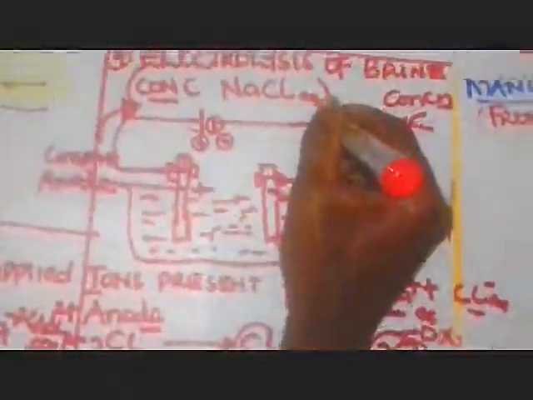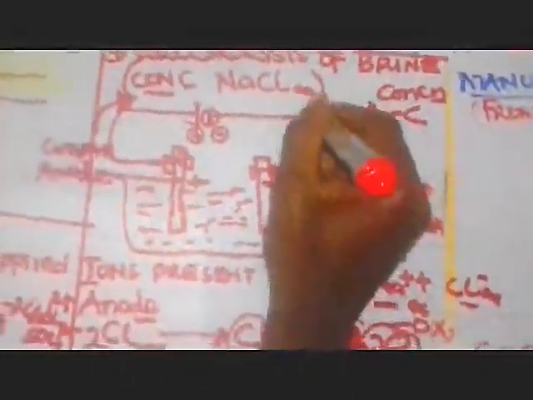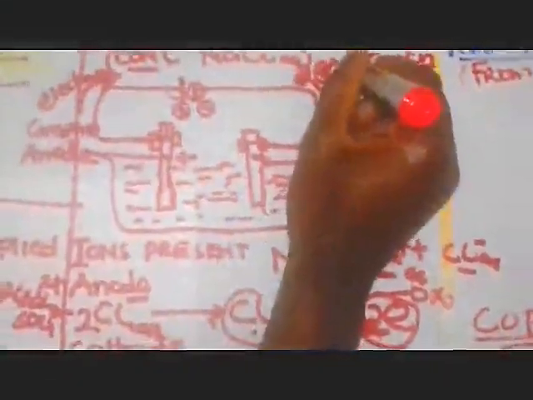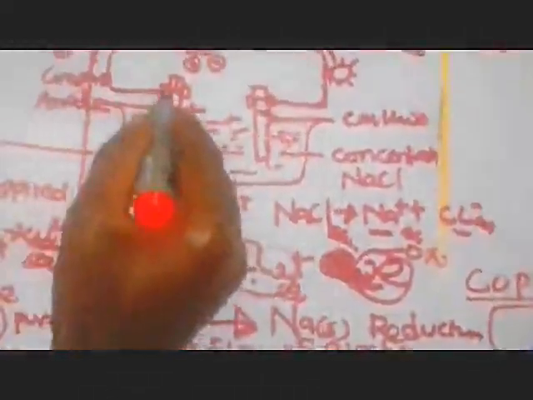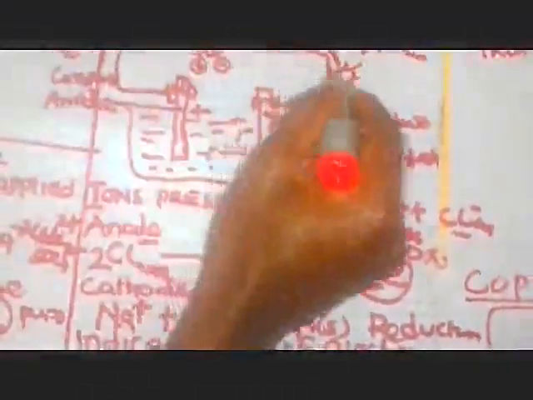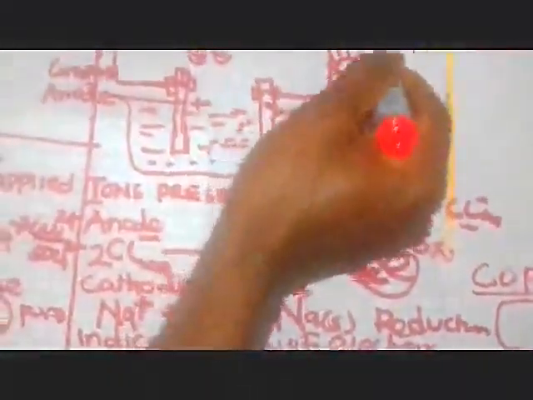Then the current, as the electrons are flowing, the current is flowing oppositely to the flow of electrons. So we are seeing the electrons flowing from the anode to the cathode, and this one is our current. So we are having our electrons from the anode to the cathode. Then we have our current from the cathode to the anode.